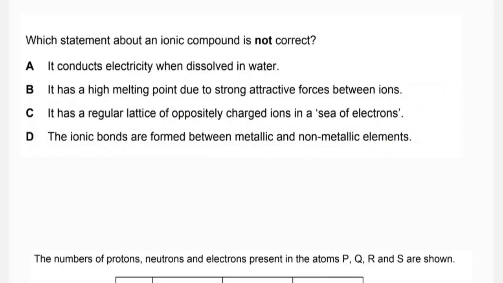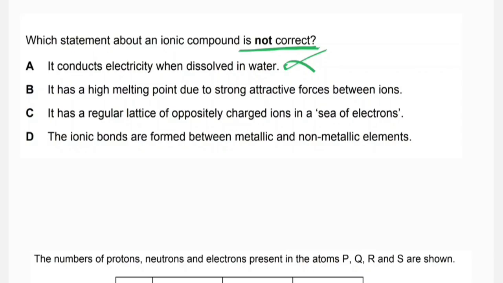Which statement about an ionic compound is not correct? We often miss out this point, right? So it's better to underline that. It conducts electricity when dissolved in water, which is actually correct. So we are looking for something that's not correct, so not the answer.